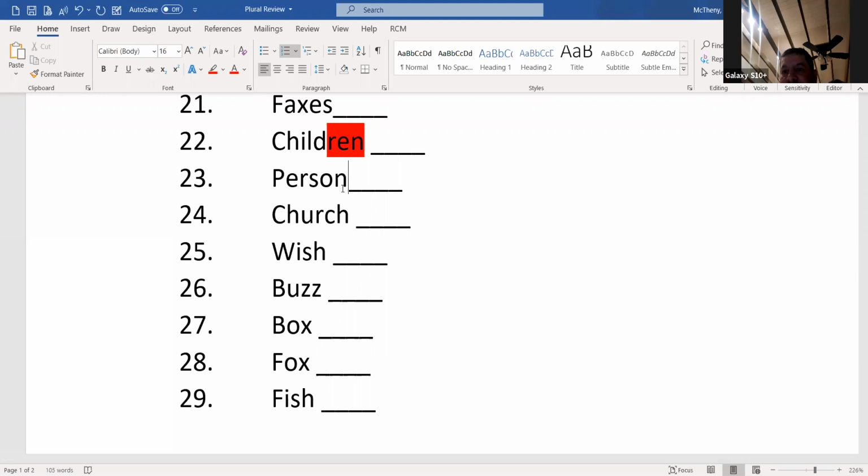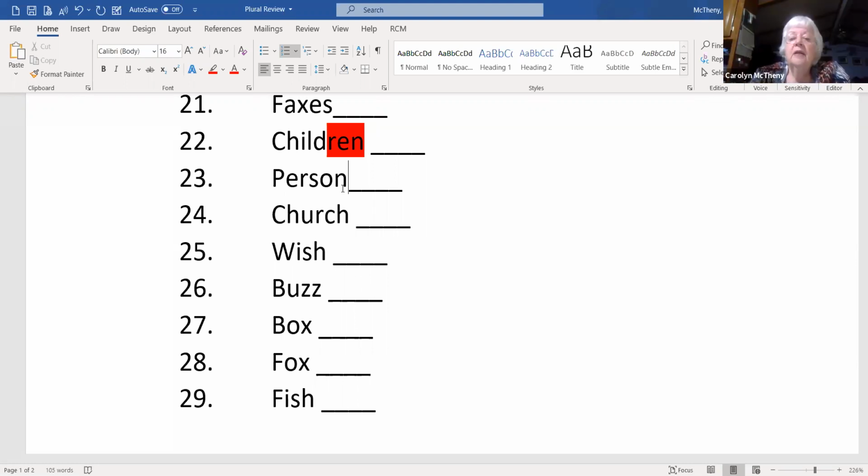It's E-N. See, look on number 22 on the screen. Child goes to children. That's more than one child.